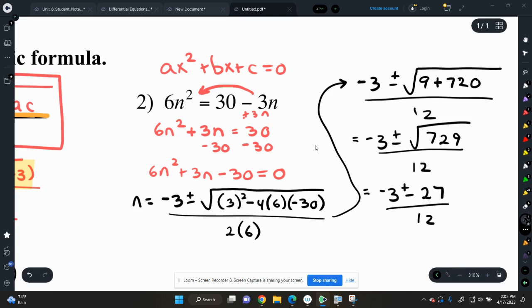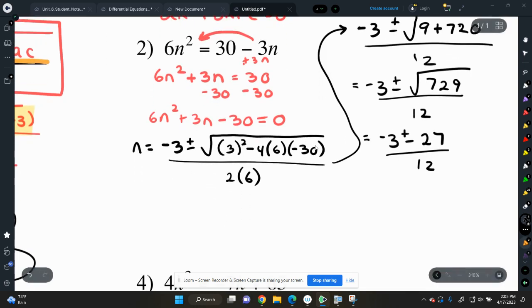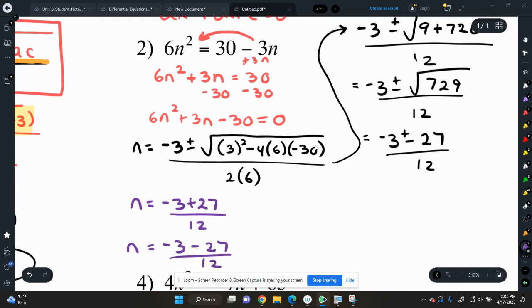So now what? Negative 3 plus 27 over 12. Negative 3 minus 27 over 12.